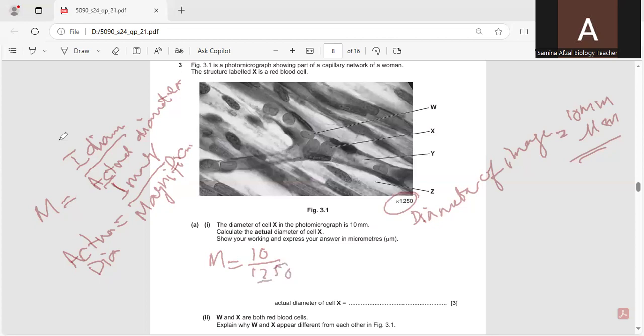When we convert this into micrometer, we multiply it by 1000, so it will be equal to 10,000. So we write over here 10,000. And when we divide by the magnification, the answer will be 8. So actual diameter is 8 micrometer. In this way, we are able to find out the answer.